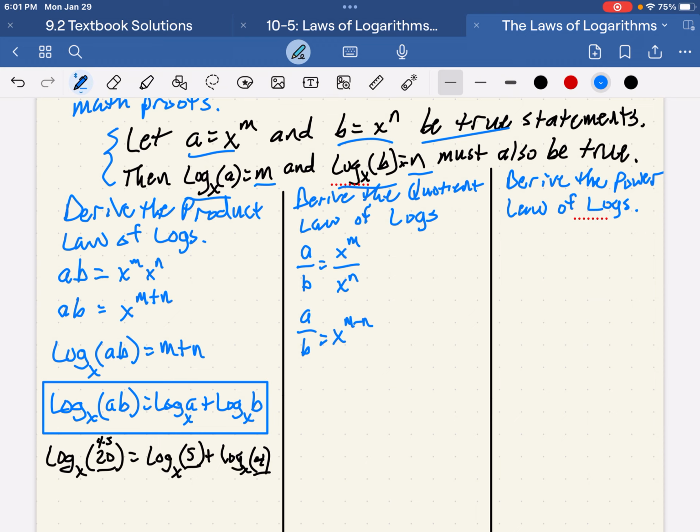So now, if I change that to log base x of a divided by b equals m minus n. But if m equals this log and n equals this log, then where do I finish up?